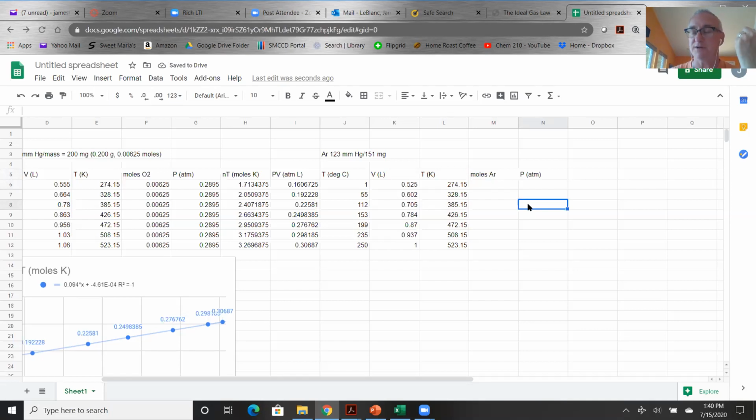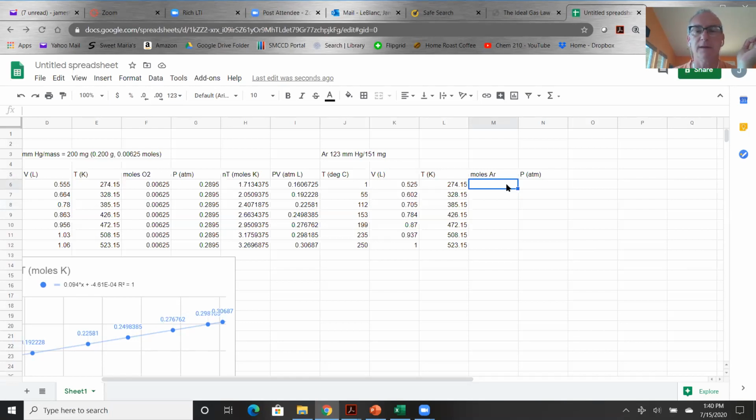So we got 123 millimeters of mercury. I need someone to convert that to atmospheres, and I've got 151 milligrams of argon. I need someone to convert that to moles. Whoever gets there first. You're going to make me use my own calculator. That's just sad. Come on. How many moles of argon do I have?